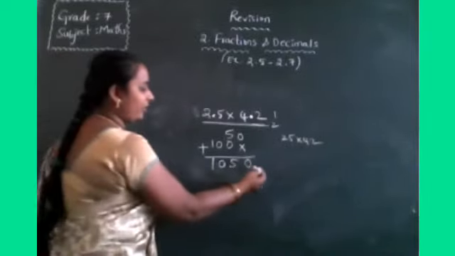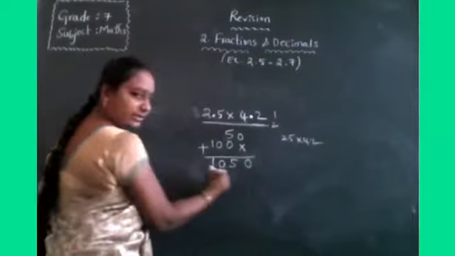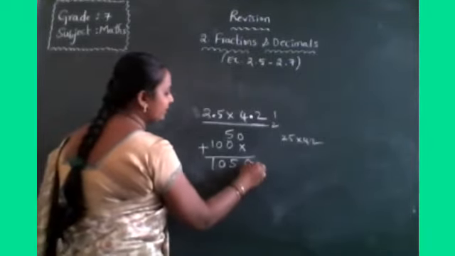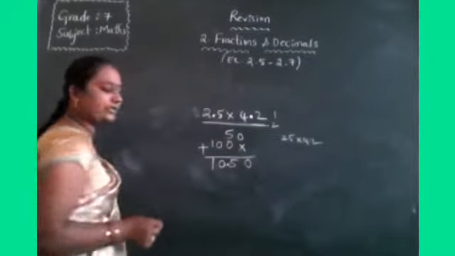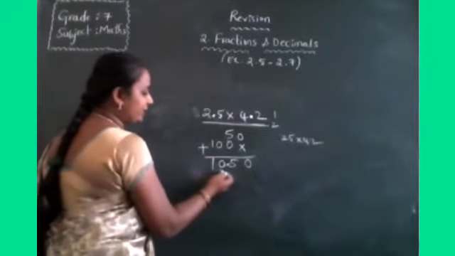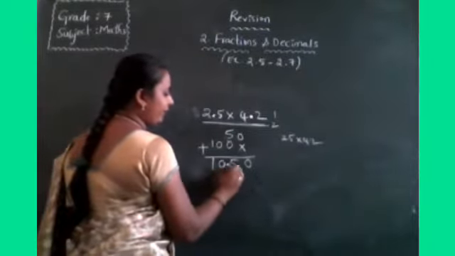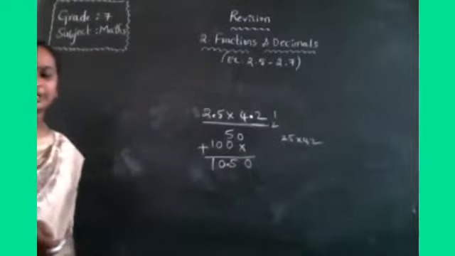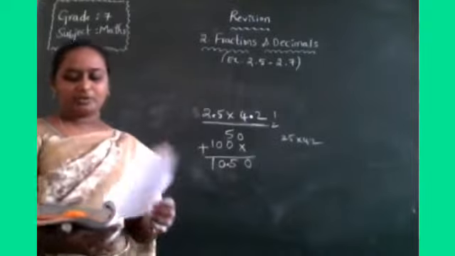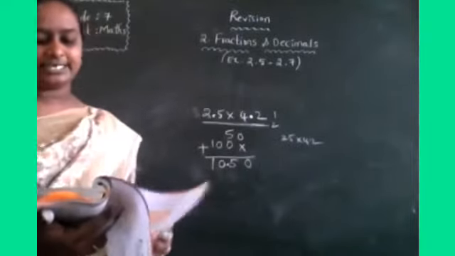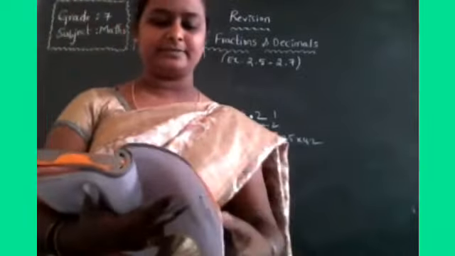You consider that from the right side. So that is 0 5 after the point. Like this you have to give. So how to read this one? 10.50. Okay children?